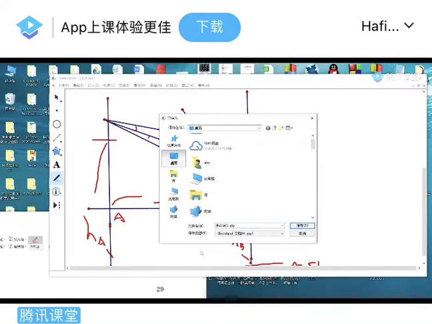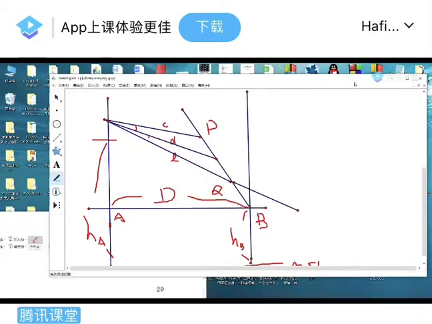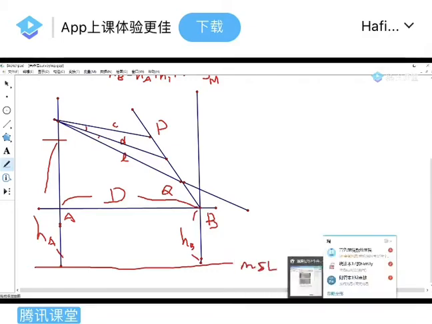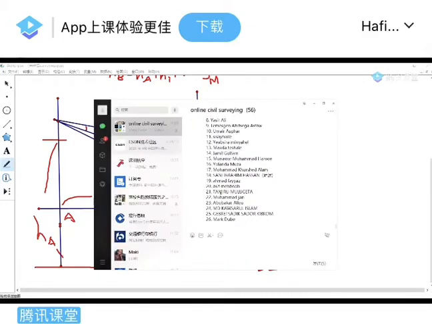There is no point to rush and learn a lot of things you can't use. It's better to let you learn something you really know how to use. Let me save it for the next time, and I can also take a picture of this one.